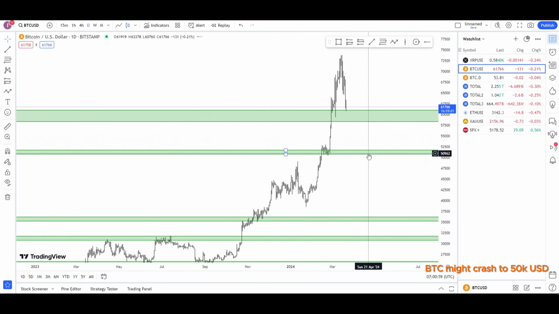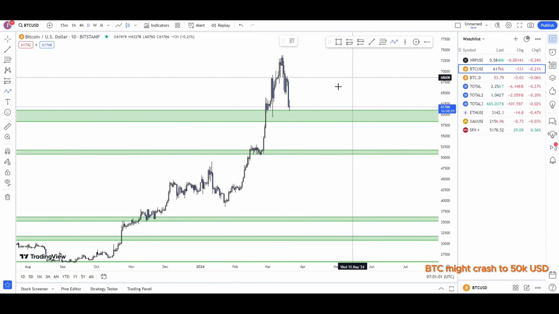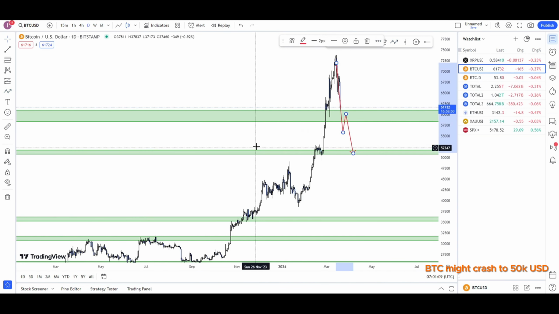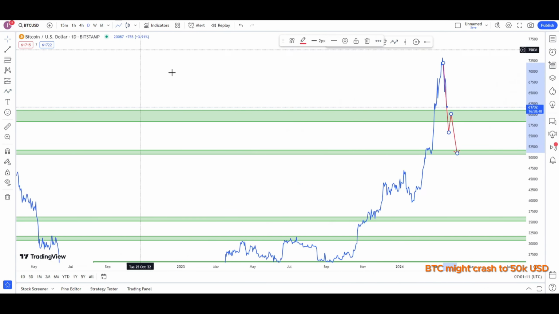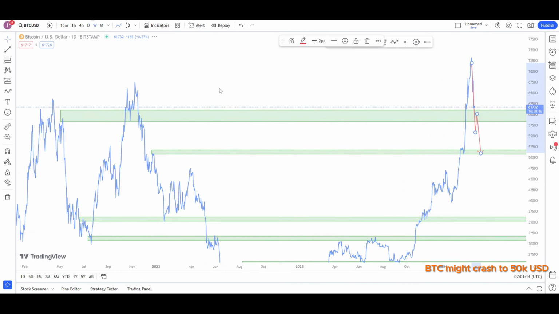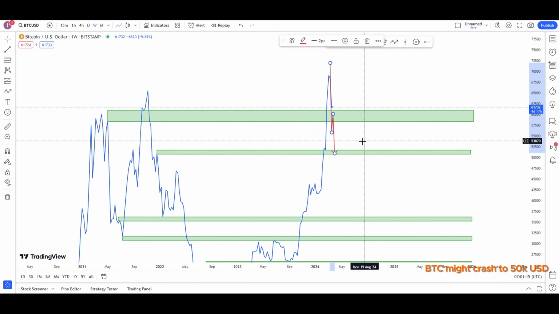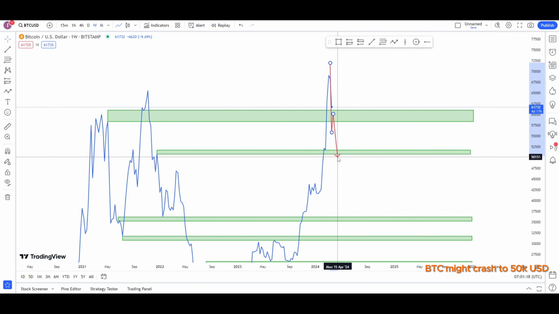Bitcoin will most probably head to 50,000, and this looks like a kind of weak support for Bitcoin. So 50,000, and if 50,000 breaks, we will see 35,000.